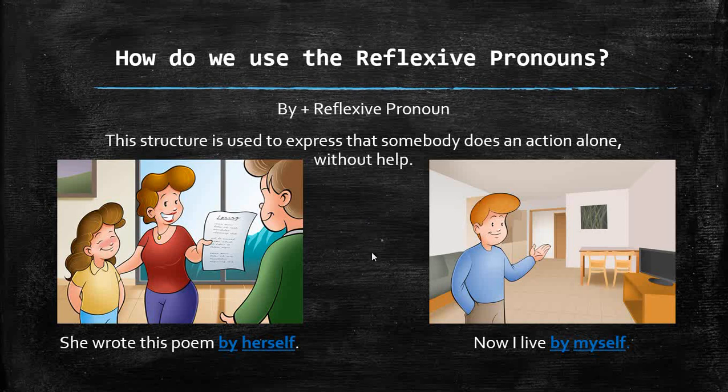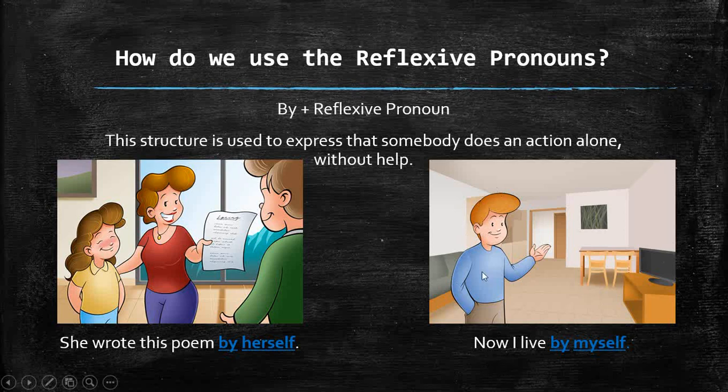We can make the idea clearer if we look at these examples and pictures. The first one. She wrote this poem by herself. This lady is trying to express that the girl wrote the poem without help, alone.